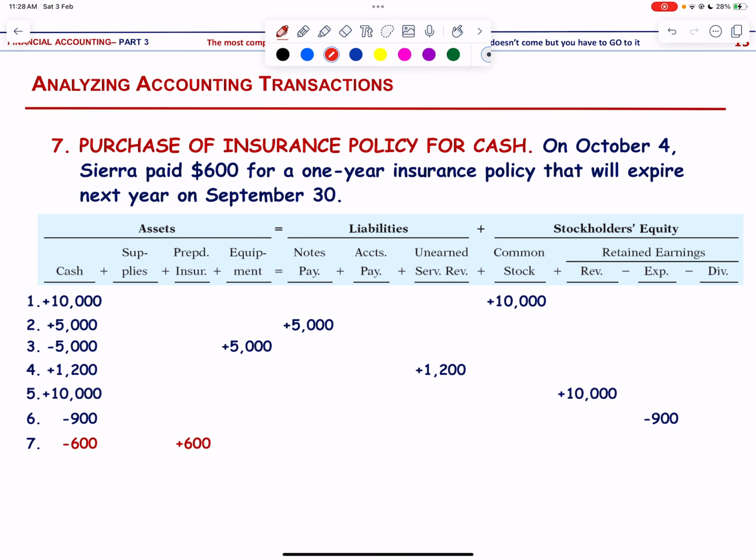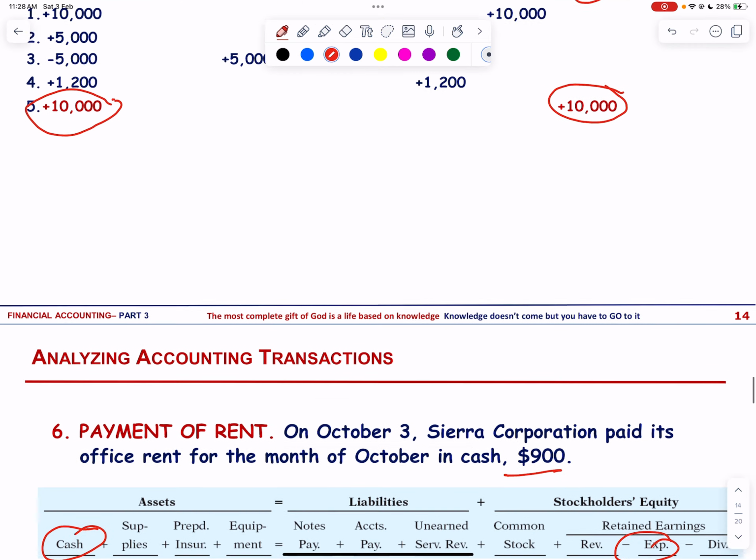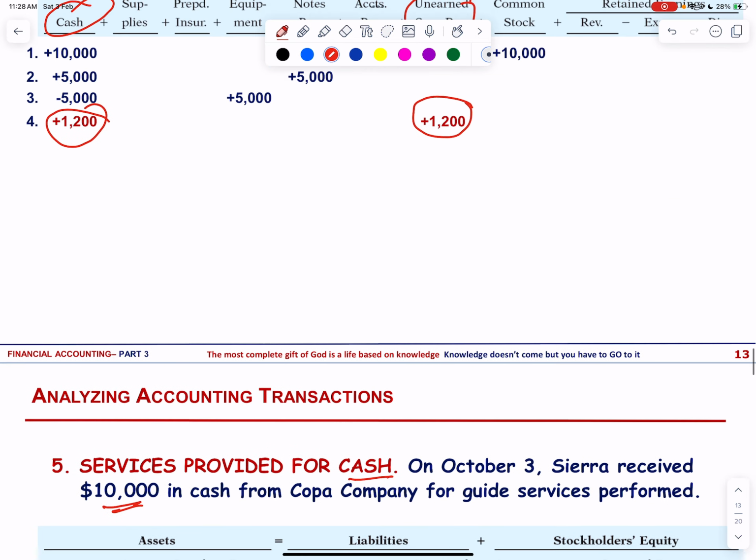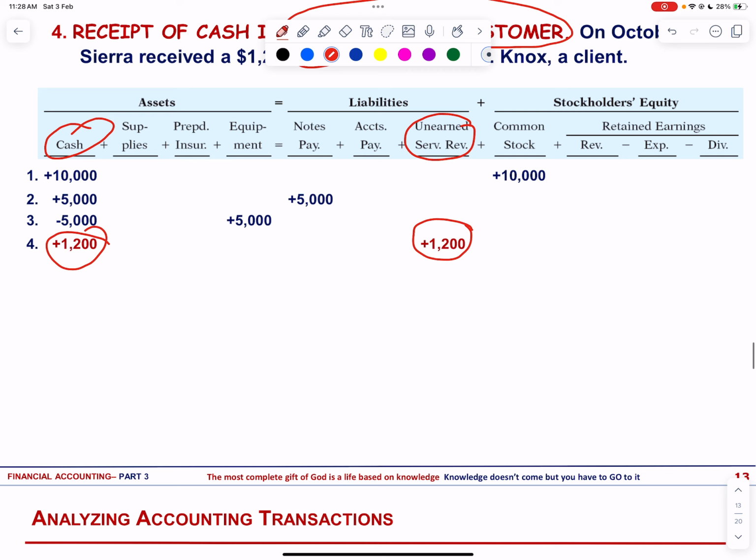Now we are purchasing an insurance policy, that is, we are making the payment in advance for the whole year. And because we are paying in advance, this becomes an asset called prepaid. If the company pays in advance, then this is an asset as prepaid, and if the company receives in advance, then it is going to be a liability, unearned.